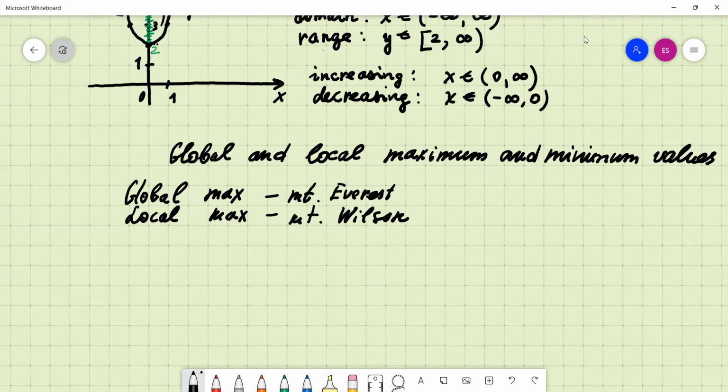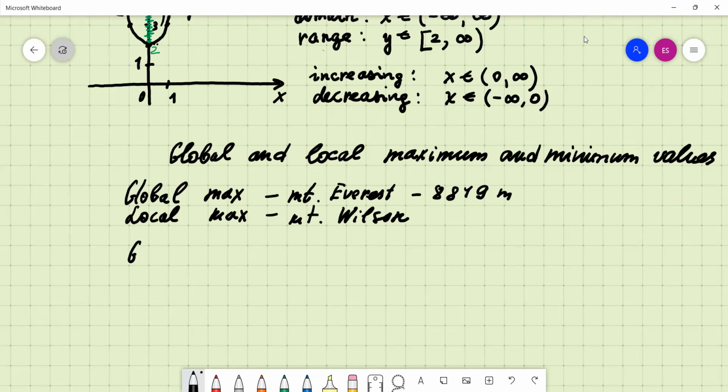For minimum, well, guys, do you remember what is actually the lowest point on Earth? If you kind of recall maybe some geography, you are going to remember that the lowest point is Mariana Trench. And Mariana Trench is even lower than Mount Everest high. Mount Everest is as high as 8,849 meters.